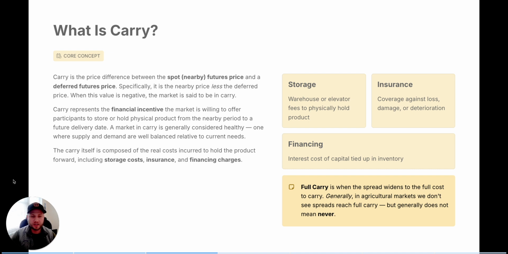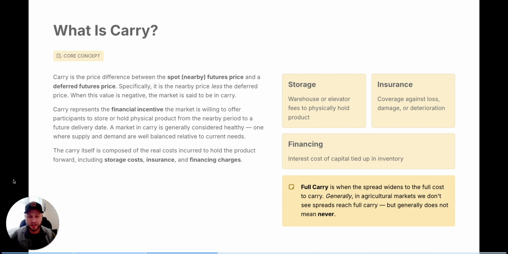So what the carry is composed of is the real costs that are incurred by either a farmer or a commercial buyer to hold the product. That is your storage, your insurance, and your opportunity costs. So essentially the financing charges that you'll incur. When you think about the financing charges, it would be if you had gotten the cash up front and you could have put it in a risk-free investment, rather than not getting the cash and carrying the product out for 3 months.